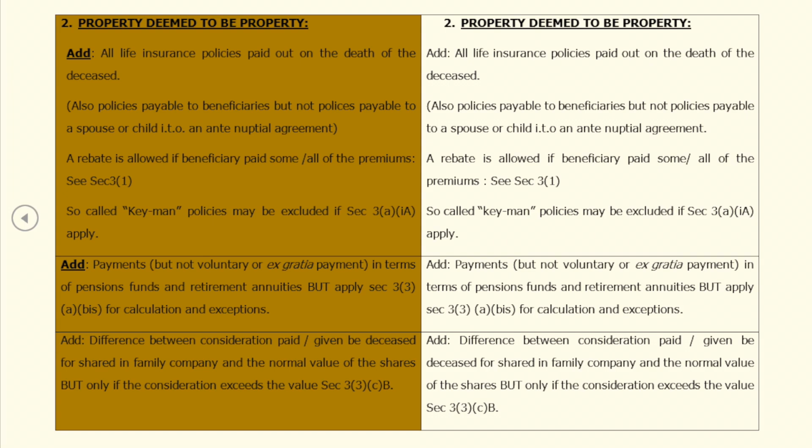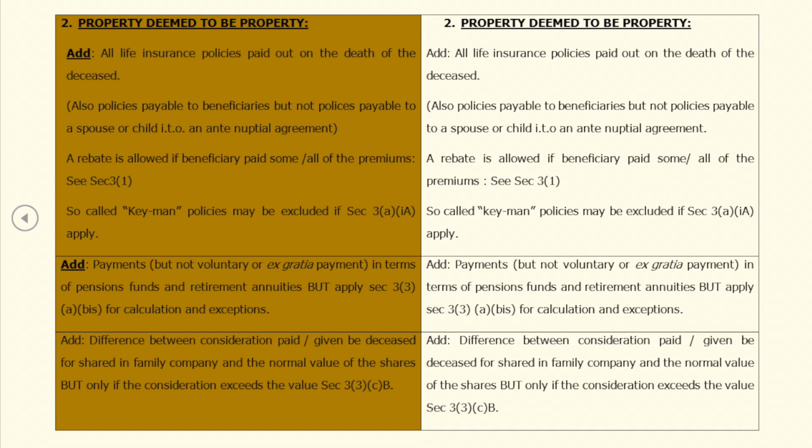And there are policies called keyman policies. They may be excluded if section 3(2)(a) of the Estate Duty Act applies. And on column B also, you do the same thing, the same rules shall apply.